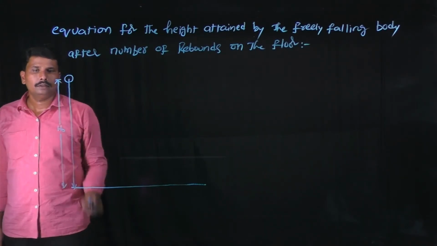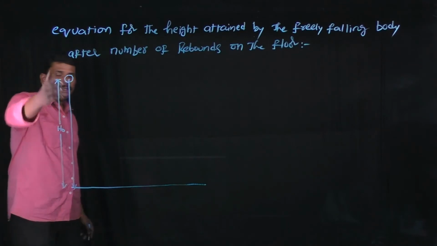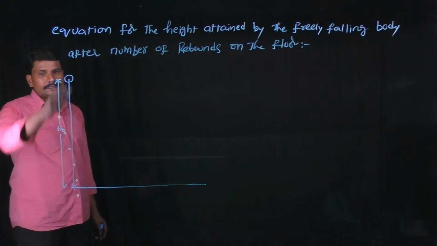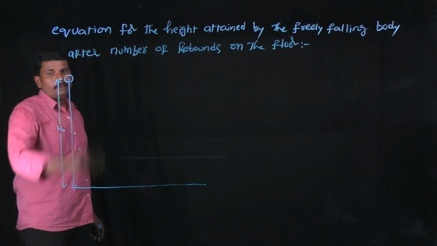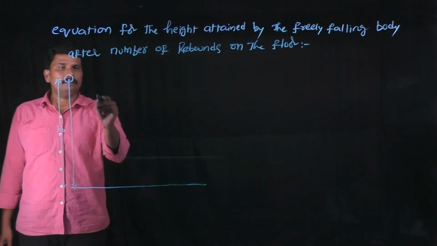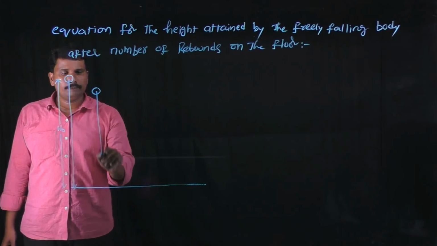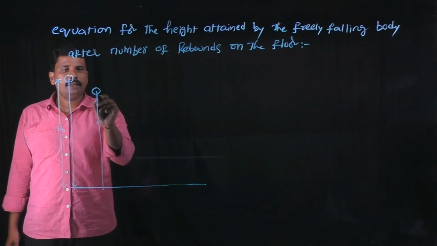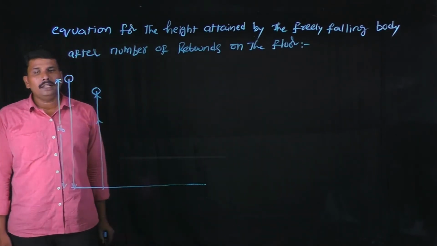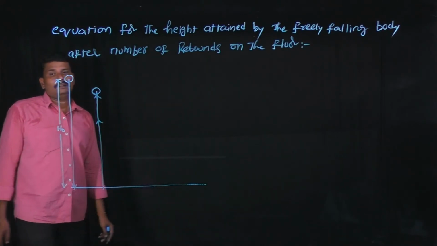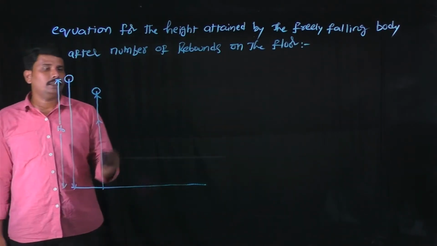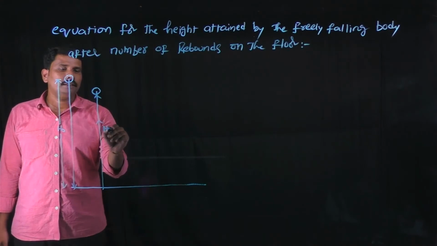Now on hitting the ground, this sphere again rebounds to some height h1. This is the height attained by the freely falling body after the first rebound. Here it has some height h1.